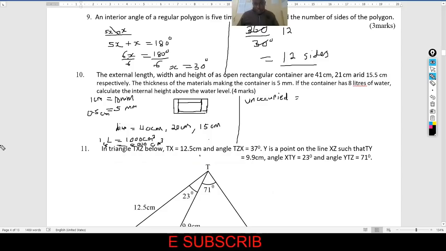If 8,000 is already occupied, the unoccupied is 40 times 20 times 15, which gives you 12,000, less 8,000.